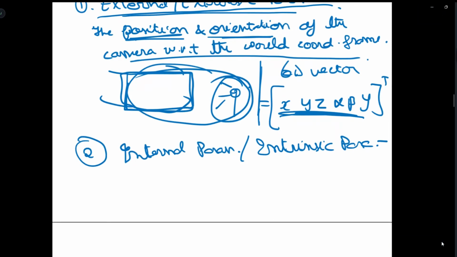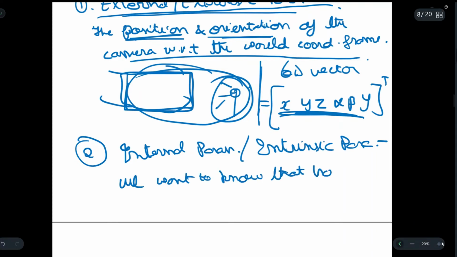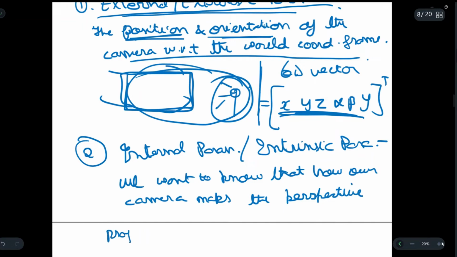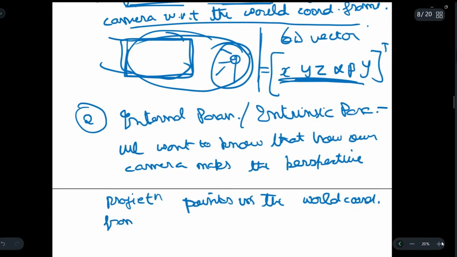Now we want to know how our camera maps the perspective projection points in the world coordinate frame onto its image plane.